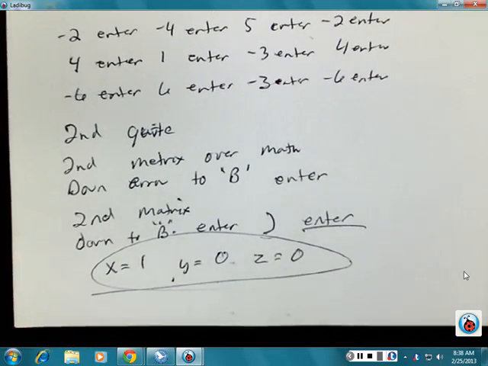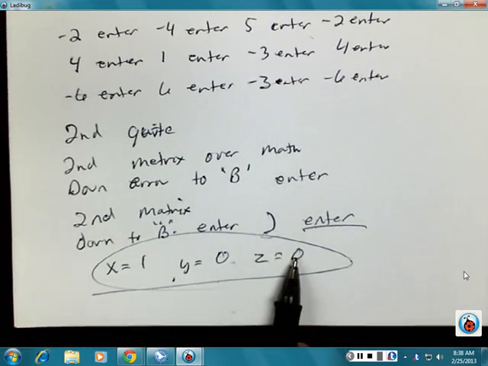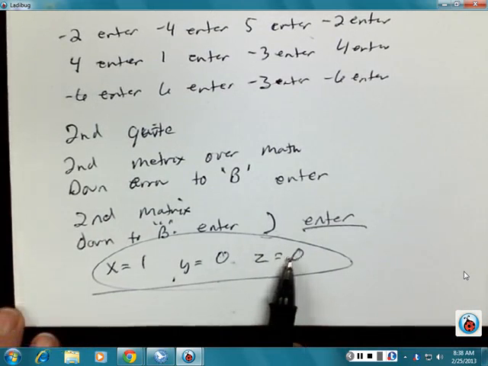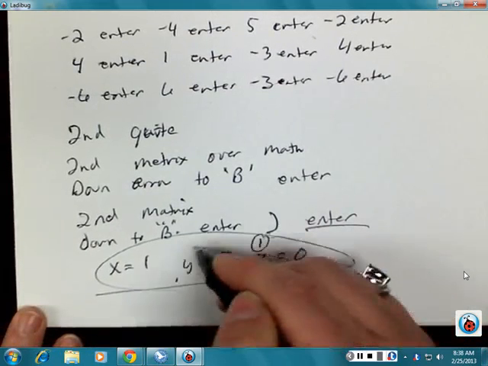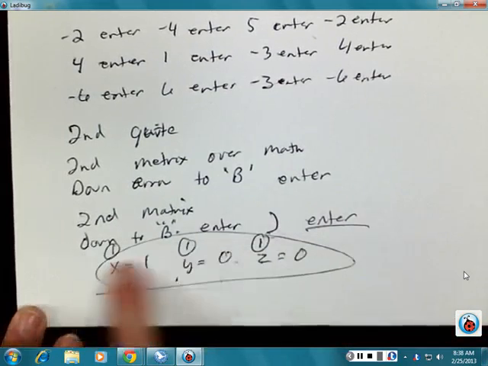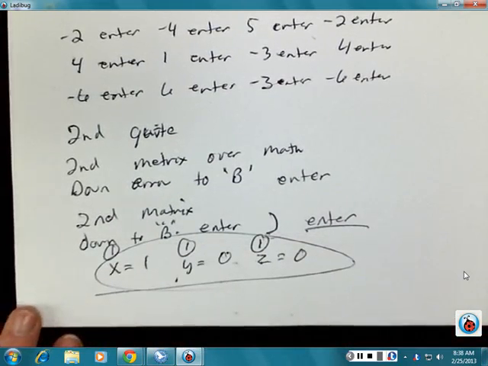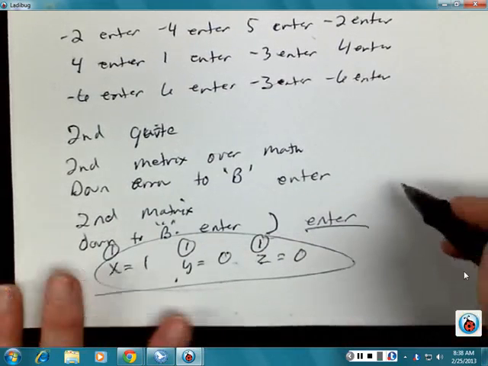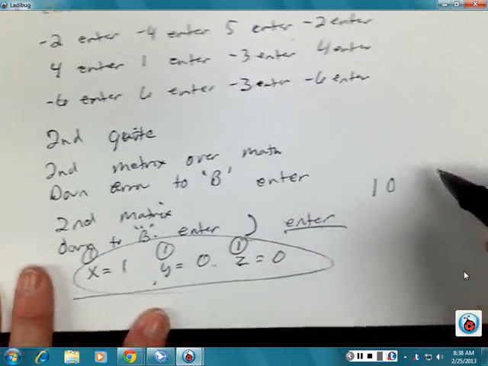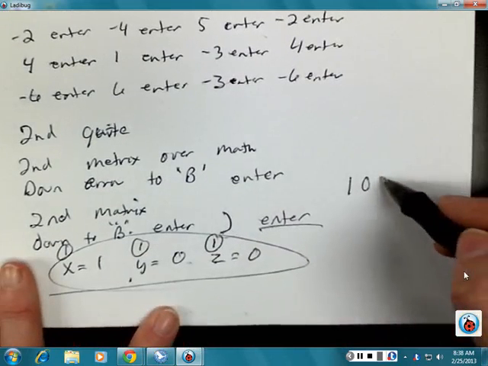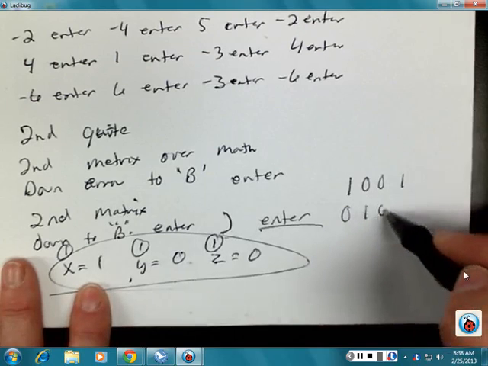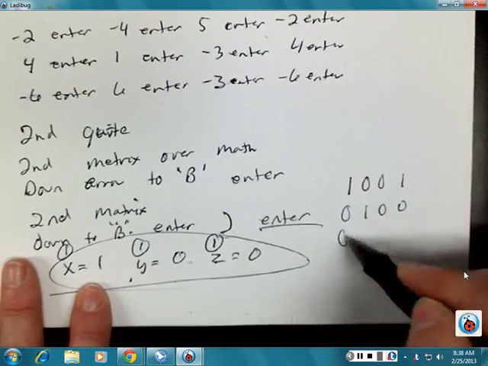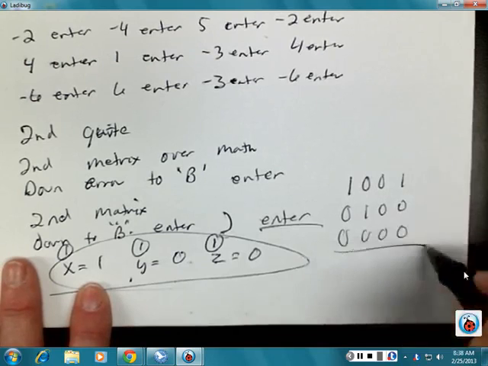How did I get a 0 right here? But you have to have a 1 in both of these locations. Okay. And so your answer that you have on your calculator is 1, 0, 0, 1, and then 0, 1, 0, 0, and then 0, 0, 0, 0.